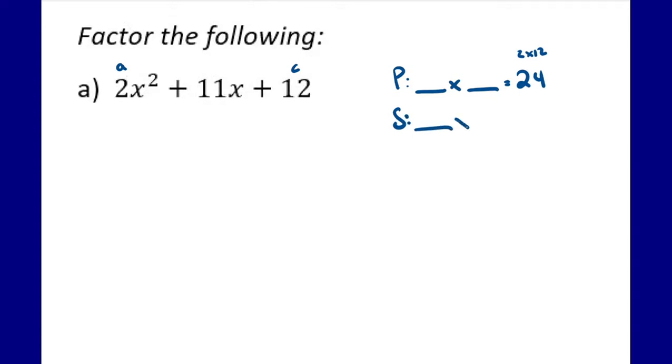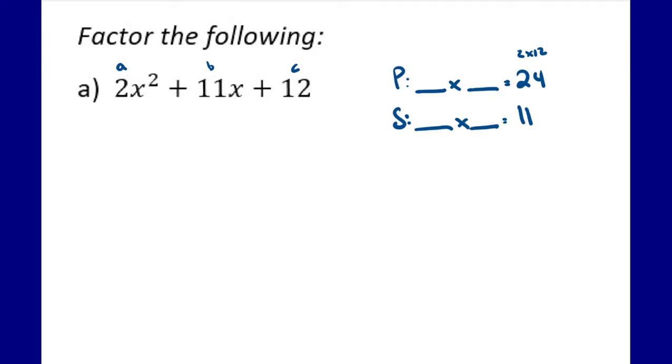And they add to give me 11. So they still add the same way. They add to the middle number, or B, but they multiply now to give me the product of A times C, or the first number times the last number, which in this case is 24.